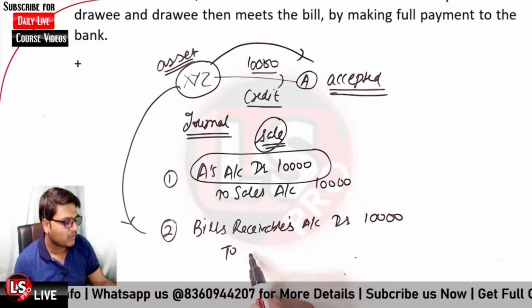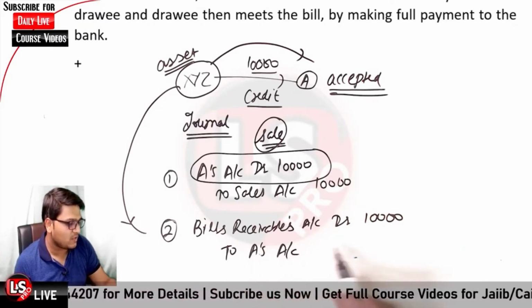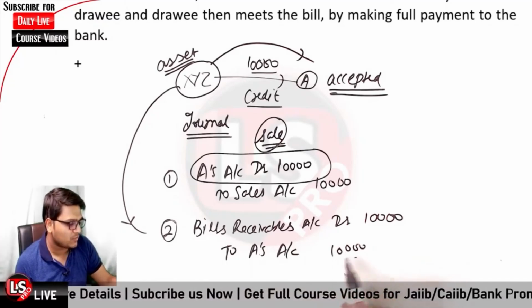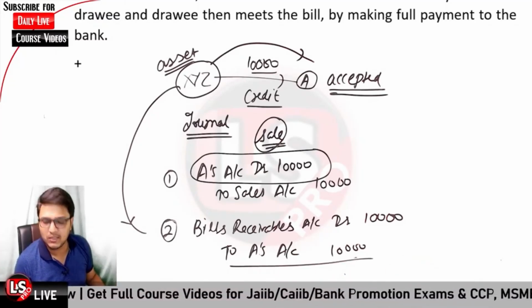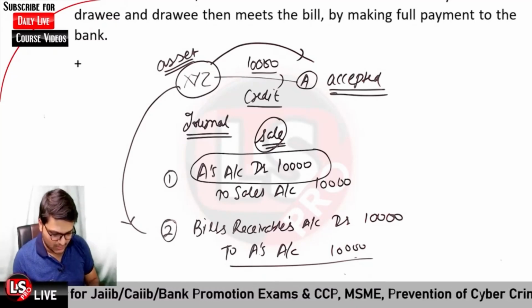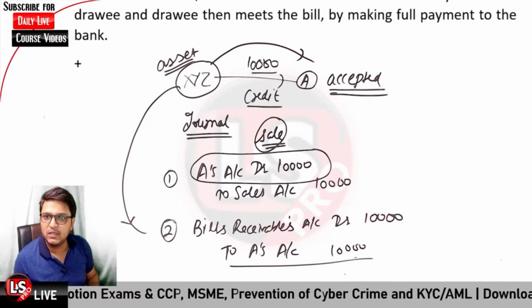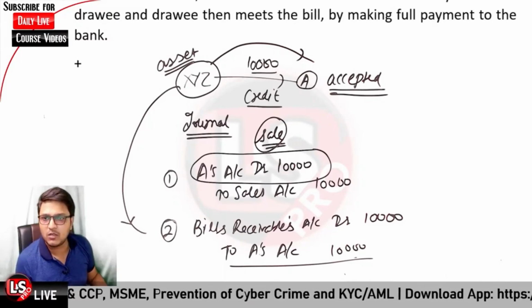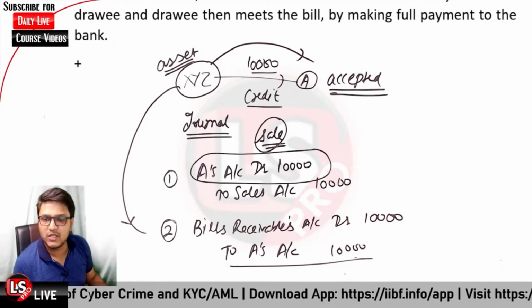So we will be crediting A's account with 10,000. Are you getting my point? Kindly let me know if you are getting my point or not. So that was regarding the journal entry.